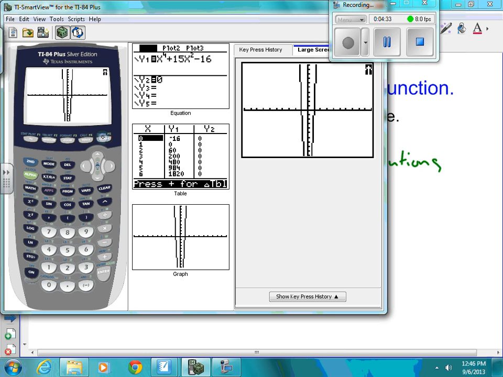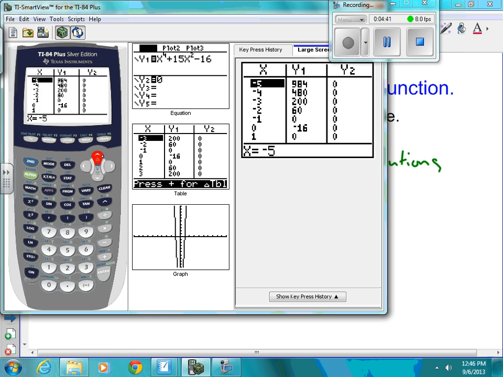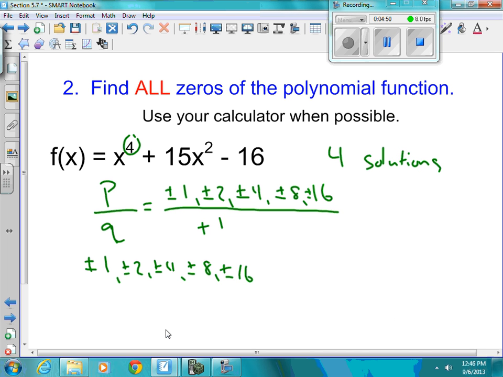Let's go to the table. Find at least 1 here. Looks like 1 is a zero. We'll find the others. We get negative 1 and 1. So it looks like from our graph, 1 and negative 1 are zeros.